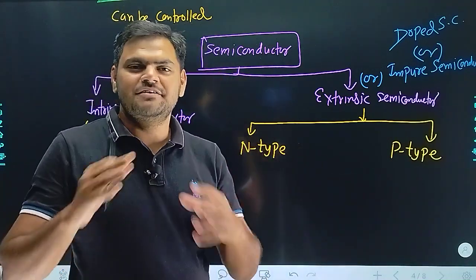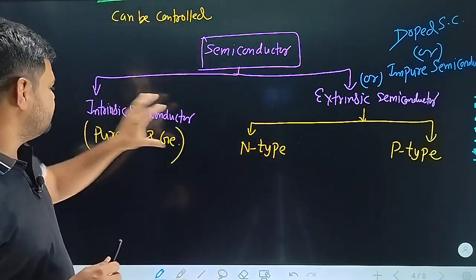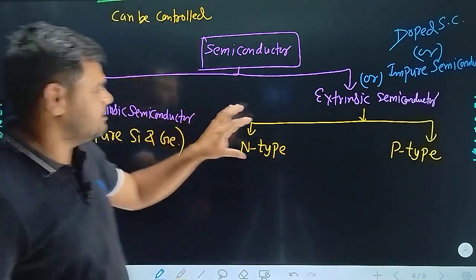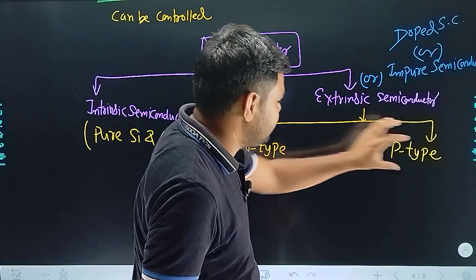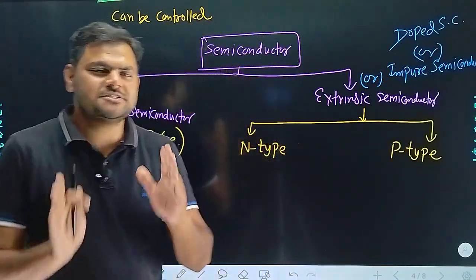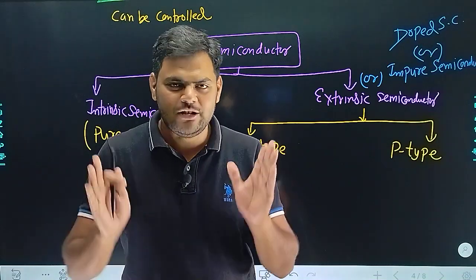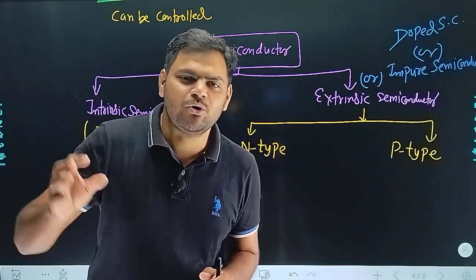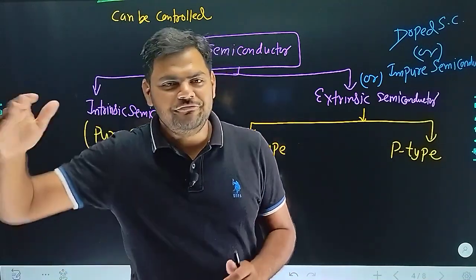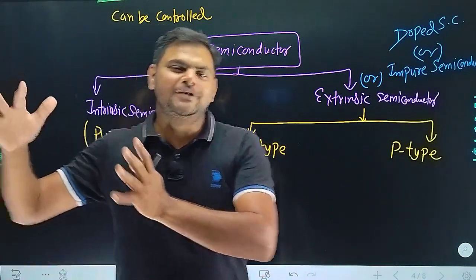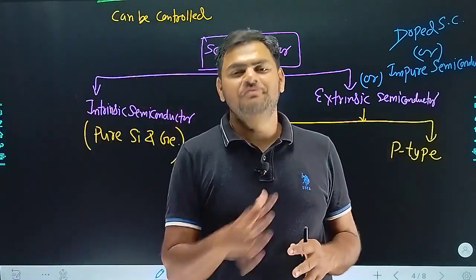So let me briefly write some points about intrinsic, N-type and P-type. We are just going in a brief manner. This is not the electronic devices subject, this is the analog electronics subject. I'm just giving you all these ideas to get a feeling of the subject, to enter into the application part in a smooth way.